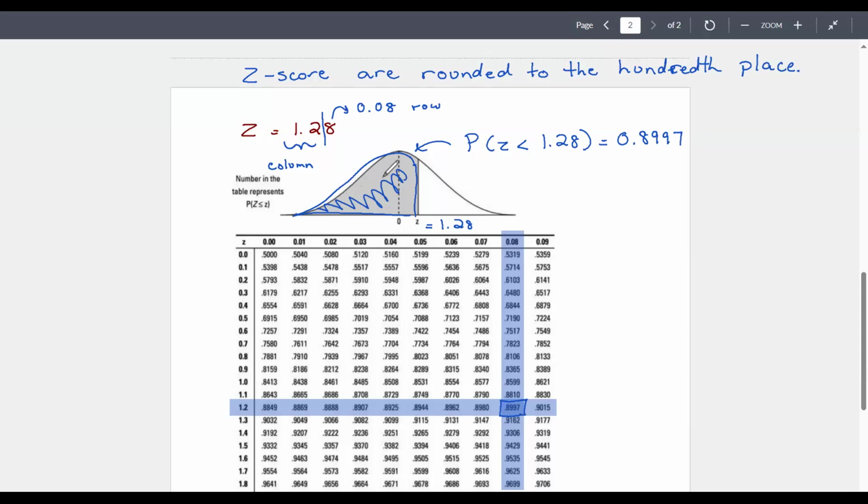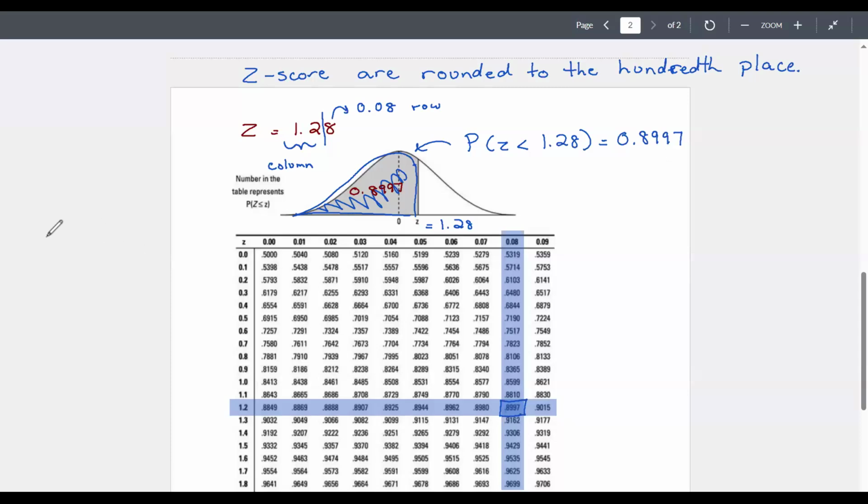So it represents this area and this probability. You're going to hear us talk about areas and probabilities interchangeably. Every time we talk about an area, we're really talking about a probability.